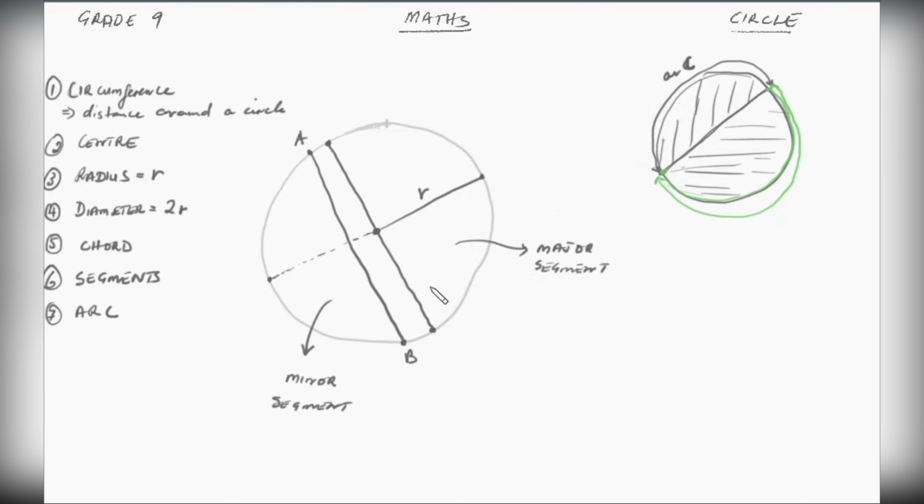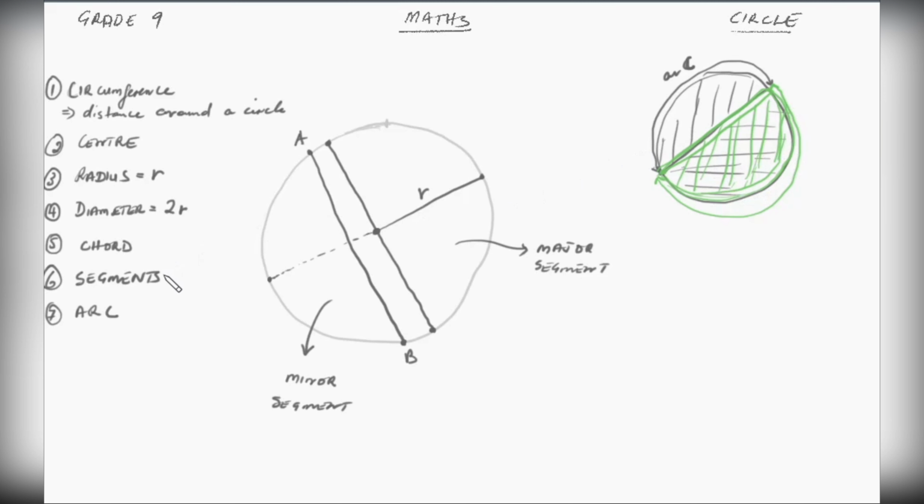Now, there is something also that I need us to talk about. You see, if we take the chord plus the arc here, we form this shape here. What is this shape? We said this shape is a segment.